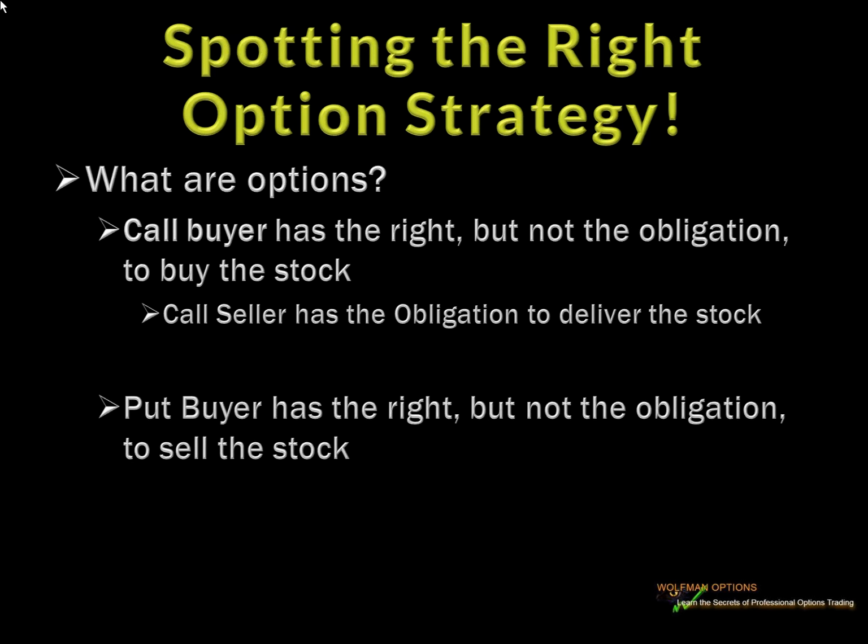And then on the flip side, the put buyer has the right to sell that stock at the strike price that they picked, all right? If I buy a 110 strike in Apple, that's below where the underlying is trading. Well, I don't want to sell it right now, but if Apple's trading at 20, then sure enough, I want to sell Apple way up there, right?